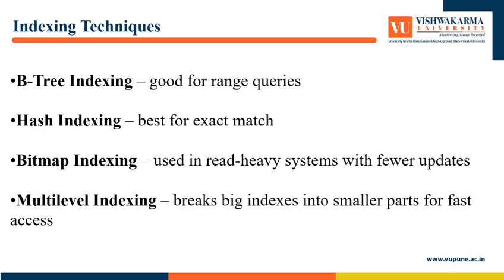Second is a hash index, great for exact match like find student with ID number 103. Third is a bitmap index, used in read heavy systems where values are repeated, like gender, male or female. The last is a multi-level index, used when there are huge indexes. It creates smaller layers of indexes so searching is even faster.